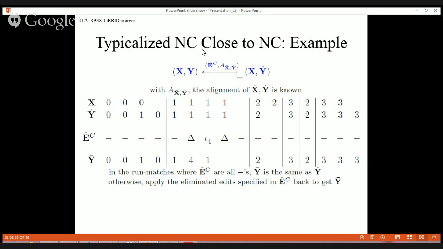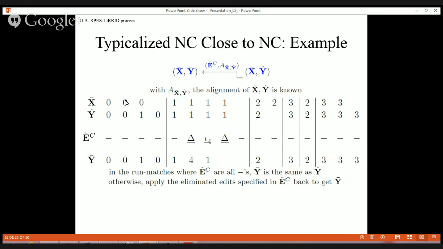The next relation is more complicated. In this relation, the easier direction is from the right-hand side to the left-hand side, because X and Y hat can be almost aligned as we showed before, and with the help of A, they can be aligned, which means we know which runs in Y hat match which parent runs in X. And once we know the alignment, we can also align E complement in this way.